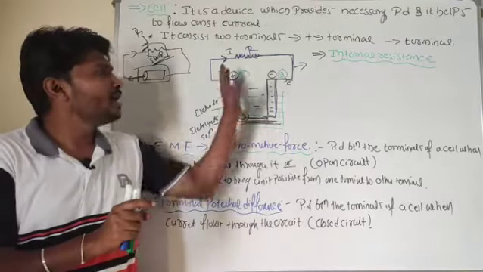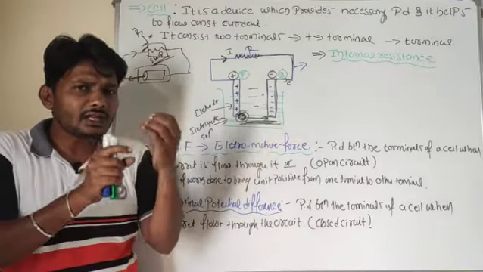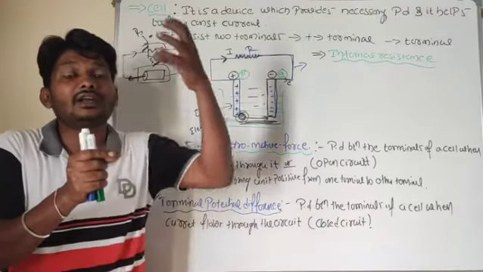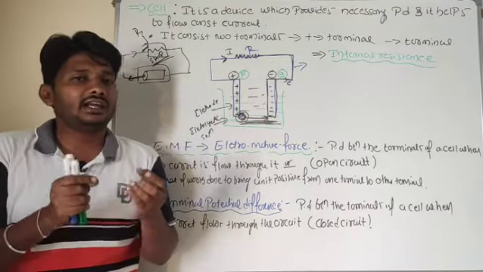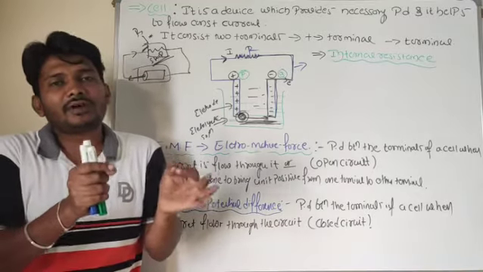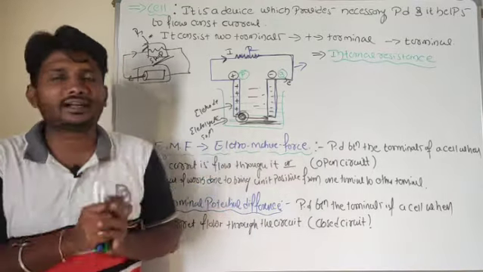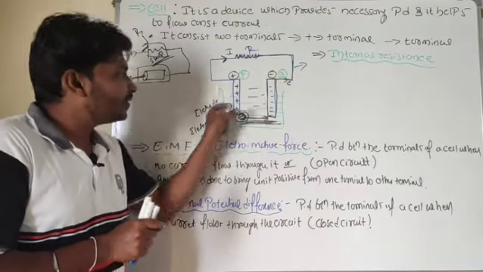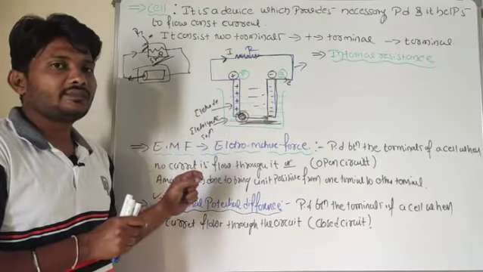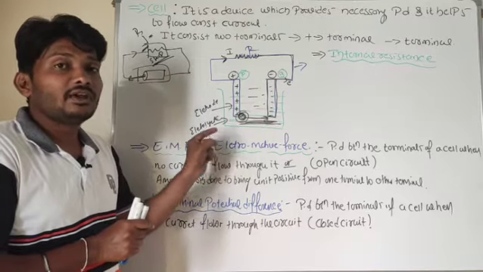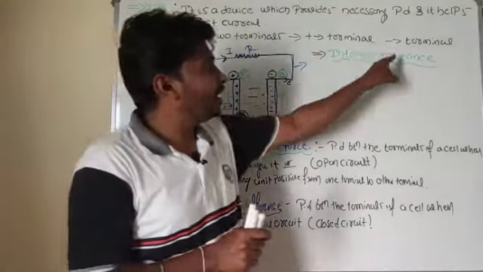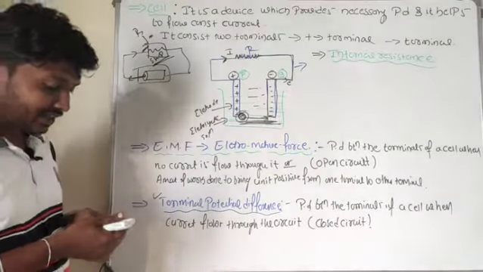In a cell, chemical energy converts into electrical energy. While converting, the electrolytic solution makes opposition for the flow of current, and we call that internal resistance.